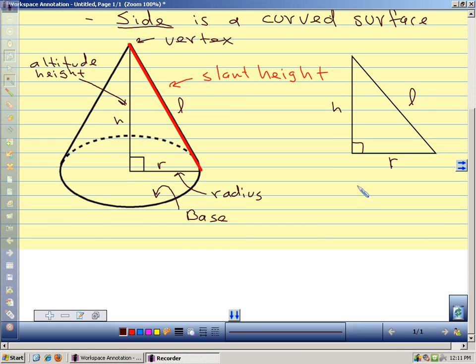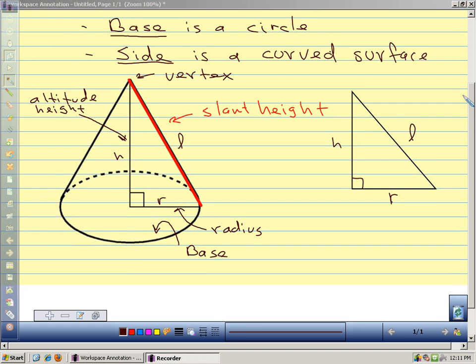All right, so a couple more things and then we'll get to our formulas. Right cone. A right cone means the altitude hits the center of the base.